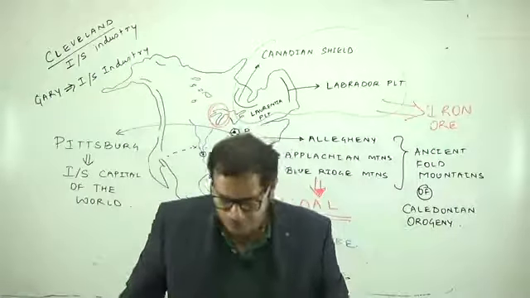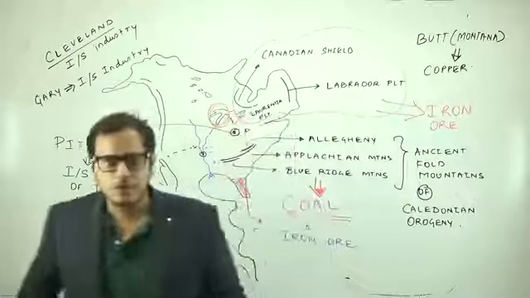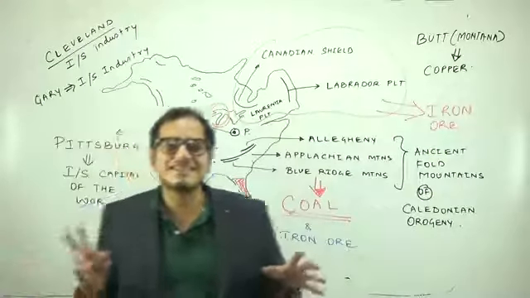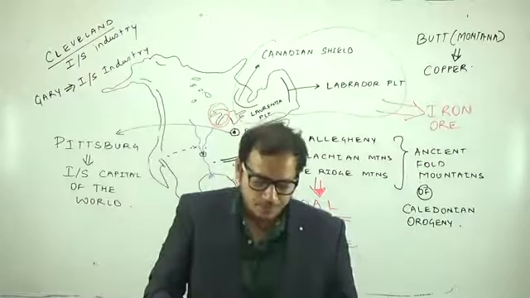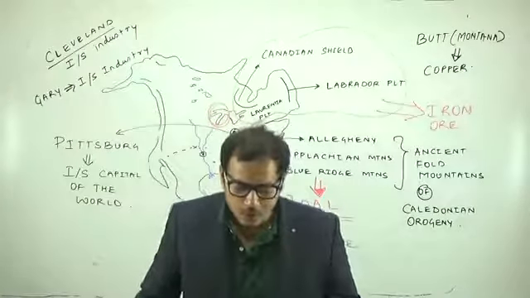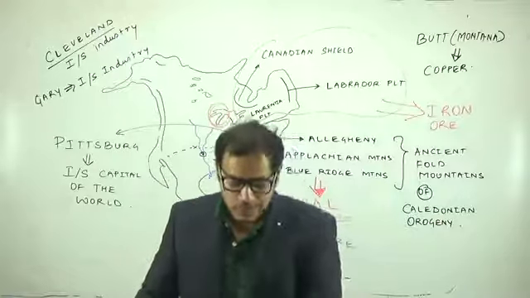You have Butte in the Montana region of USA. What we have here is the world's richest copper mining region. Montana is famous for copper. The world's richest copper ore is found in this region.